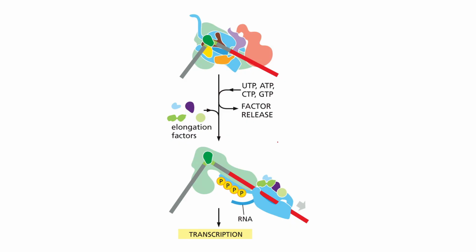Now, once all of this gets initiated, then elongation transcription factors attach themselves to the polymerase, modifying its shape slightly so that it can ride along the DNA and begin transcribing. Notice the polymerase is now dislodging itself from transcription factor 2.